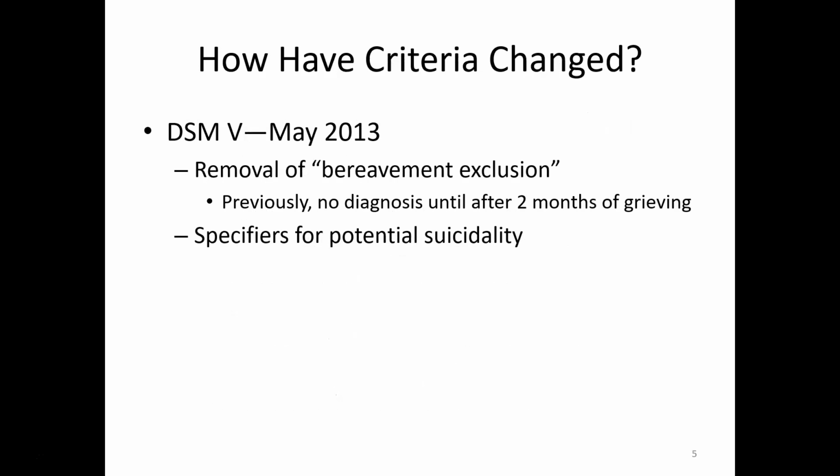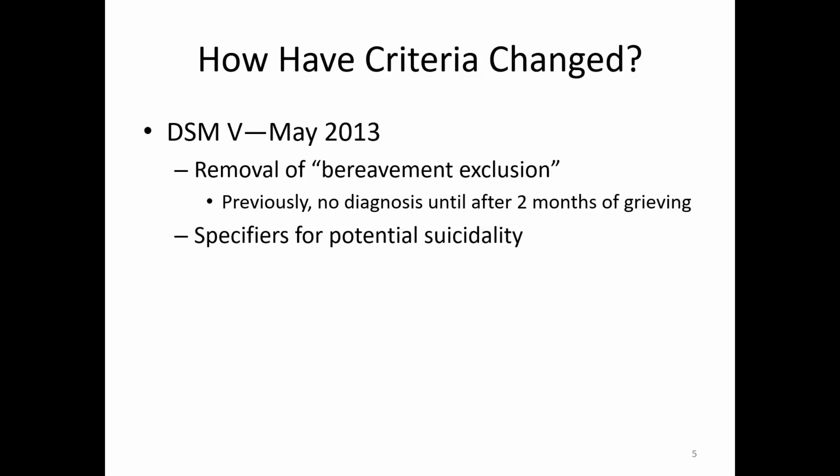Now, as of May 2013, with the publication of the DSM-5, thankfully the criteria for depression haven't changed all that much. One of the things that's kind of interesting is that they did remove what is referred to as the bereavement exclusion. So, you could not be diagnosed with depression until you had been grieving the loss of a friend or a loved one for about 2 months.